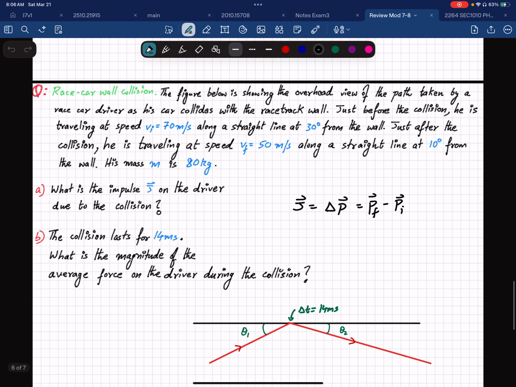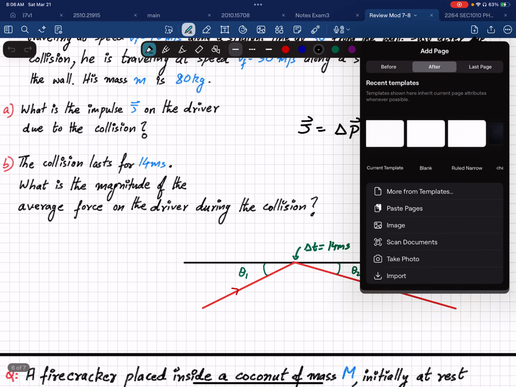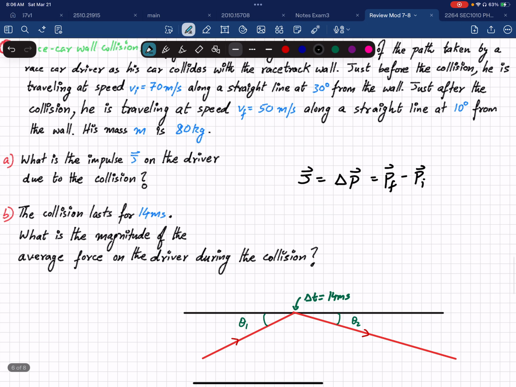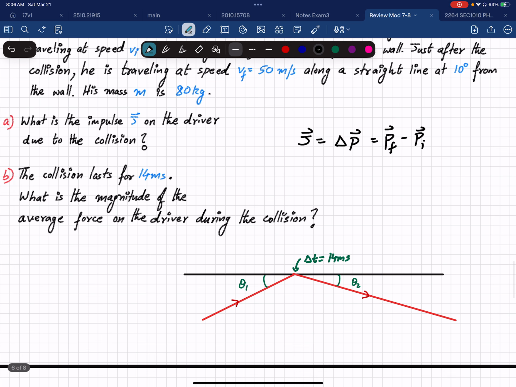Again, the first example is basically the example for the impulse. Now for this, we know that impulse is a change of momentum. So our first thing is to calculate the momentums themselves. In order to do that, we first draw out the momentums very clearly so that we understand them in terms of the vectors.